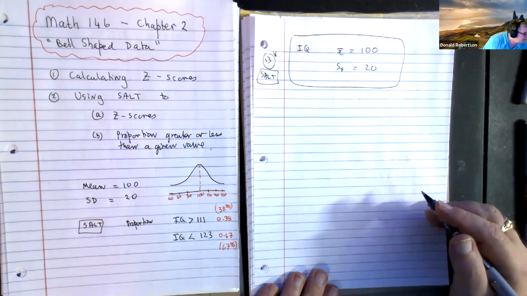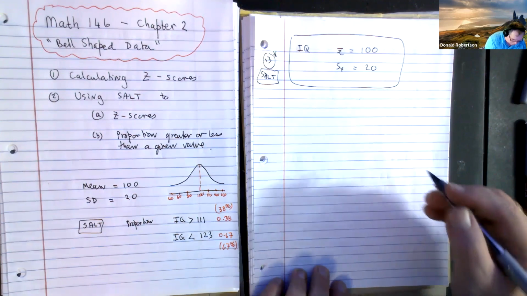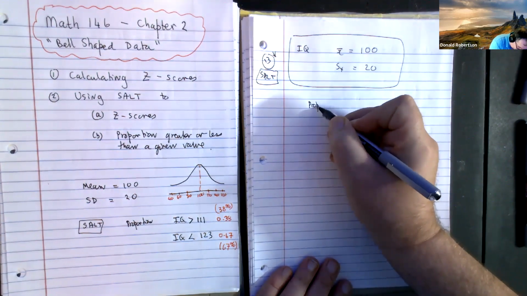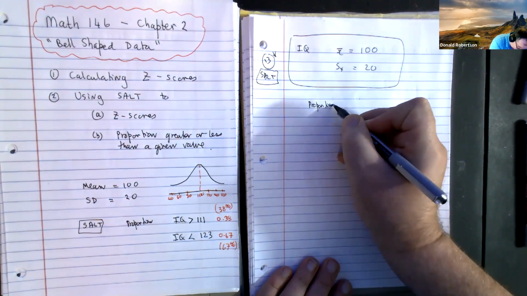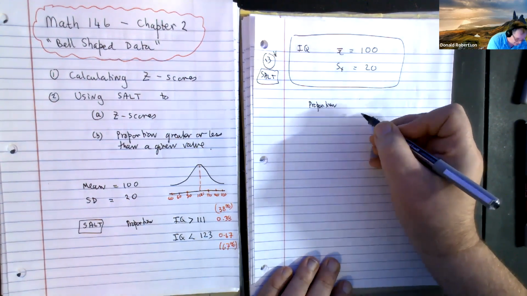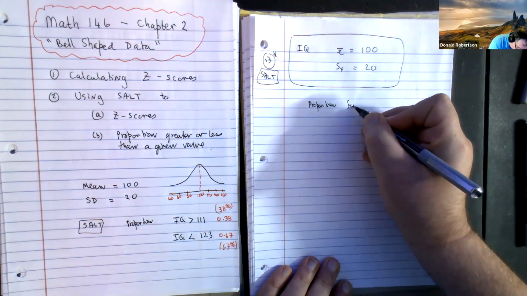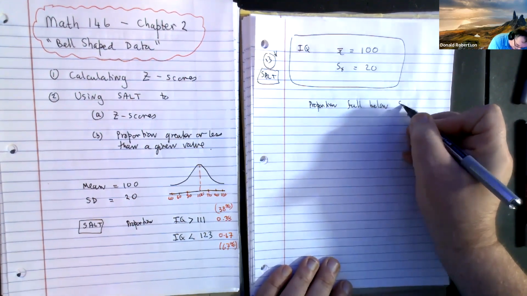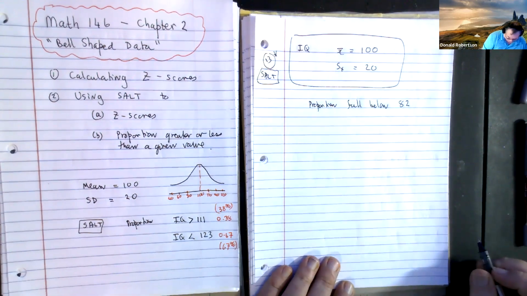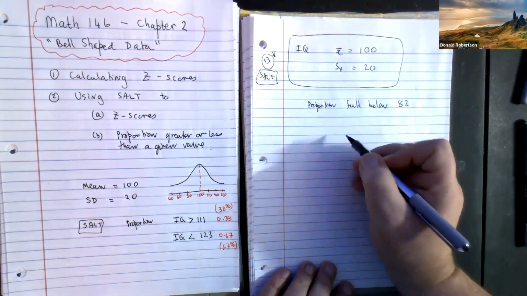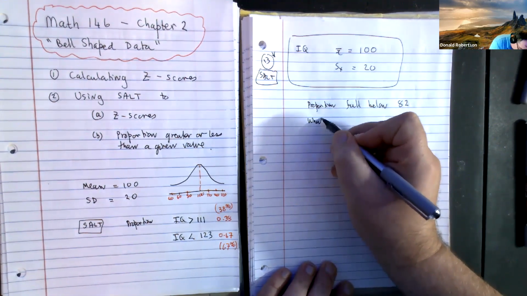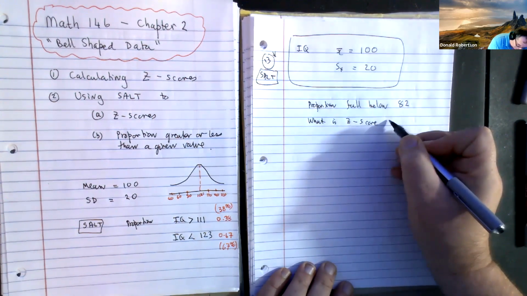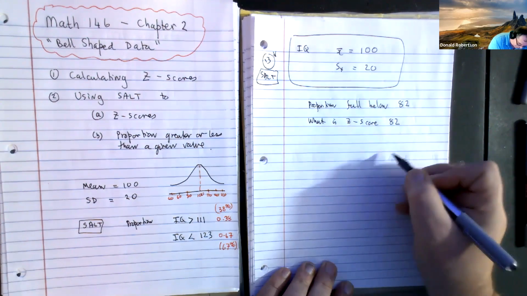And in this story, we want to know what proportion fall below an IQ of 82. And they also want to know what is the Z score for getting an IQ of 82.